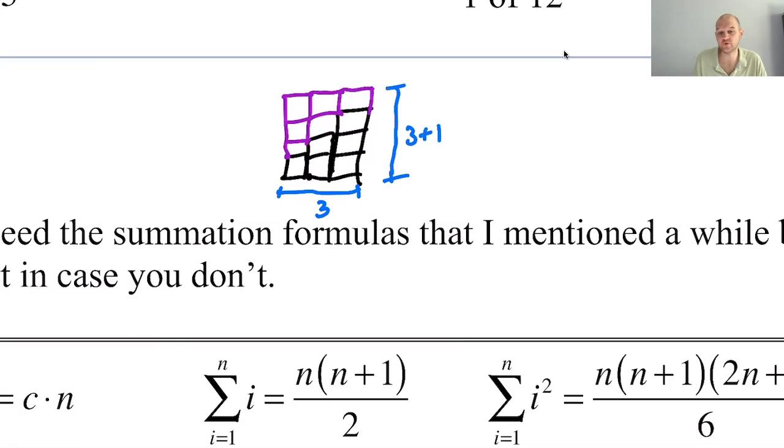If it had been 4, it would have been 4 plus 1. If it had been 5, it would have been 5 plus 1. So the total area here is 3 times 3 plus 1. But we only want half of that because we want the original, so divided by 2. That's where the idea of n times n plus 1 divided by 2 comes from. So that's really useful, and we're going to use it a lot.